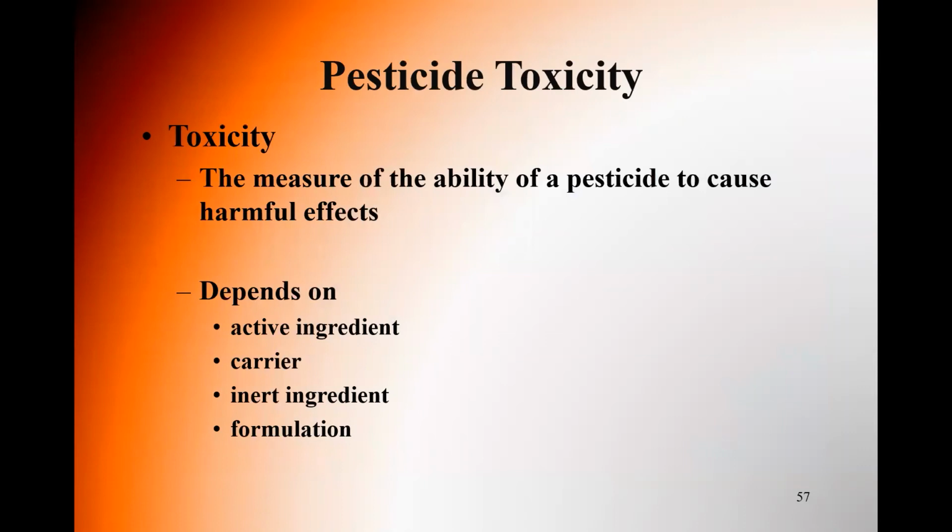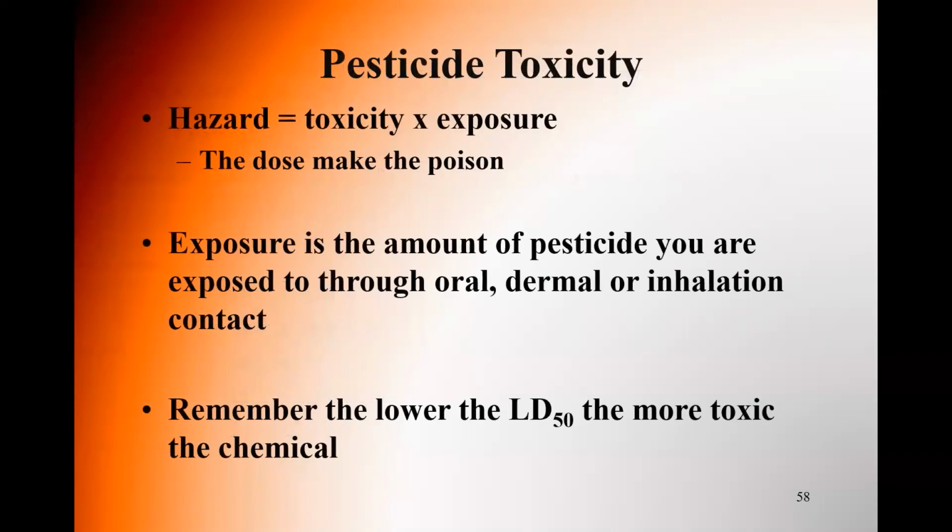Toxicity is the measure of the ability of the pesticide to cause harmful effects. What makes a pesticide more toxic is its active ingredient, possibly its carrier, the inert ingredients, or maybe even the formulation it's in that makes it more hazardous.